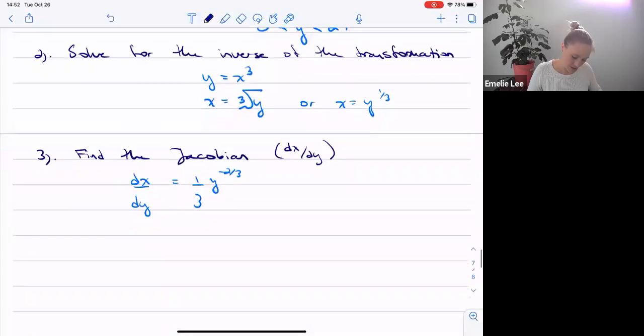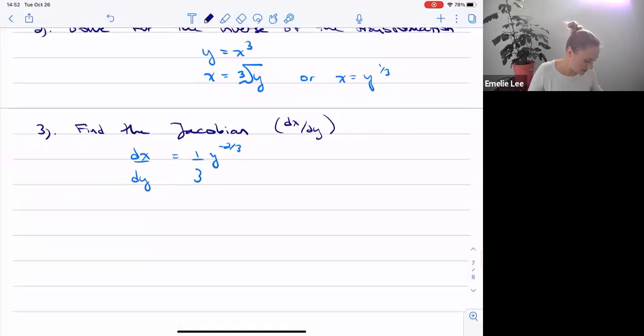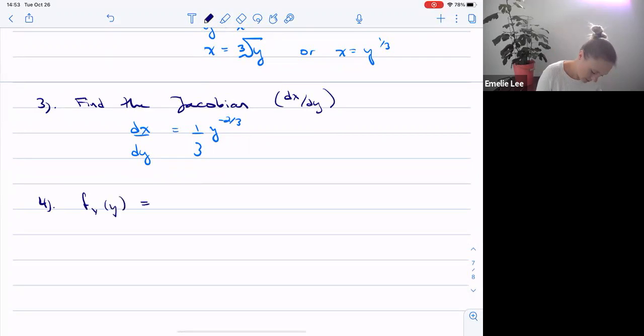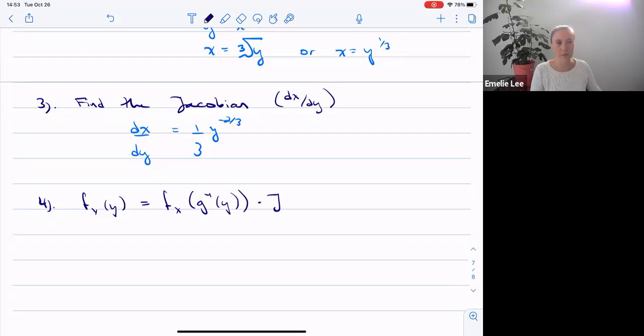So then my fourth step is to put this all together into the transformed PDF. So f_Y(y) is f_X(g inverse of y) times the Jacobian, or if you prefer, dx/dy.